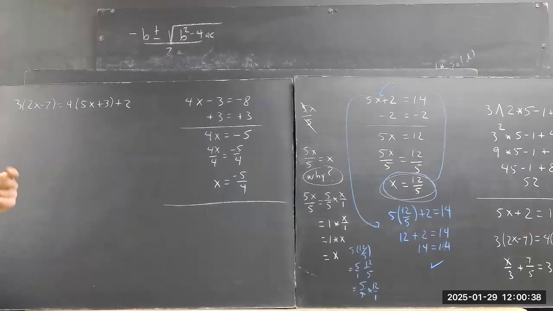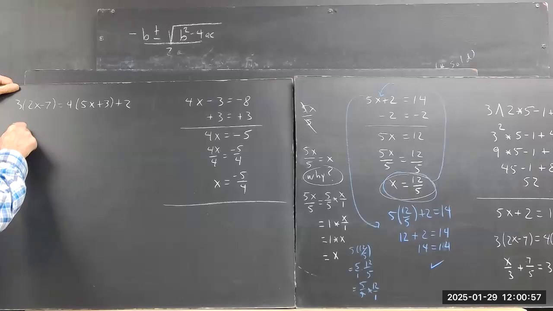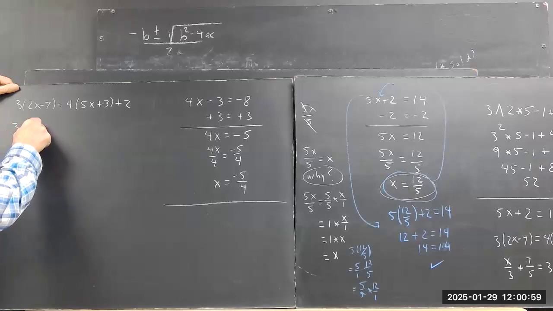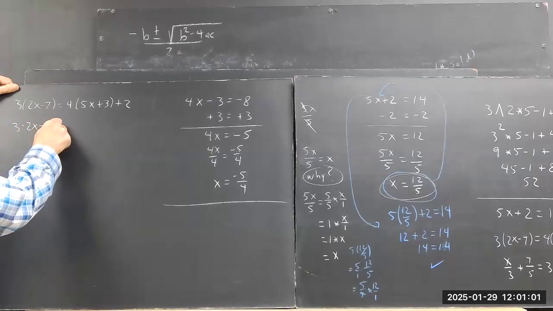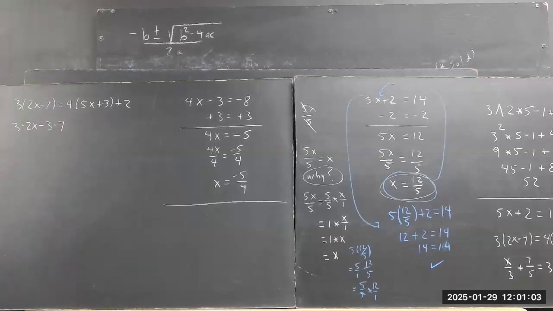Again, this is kind of a jump. It's not too hard to understand though. If I've got 3 multiplied by (2x minus 7) in parentheses, that means I've got to multiply 2x by 3, and I've got to multiply negative 7 by 3. So we would write this out as 3 times 2x minus 3 times 7.